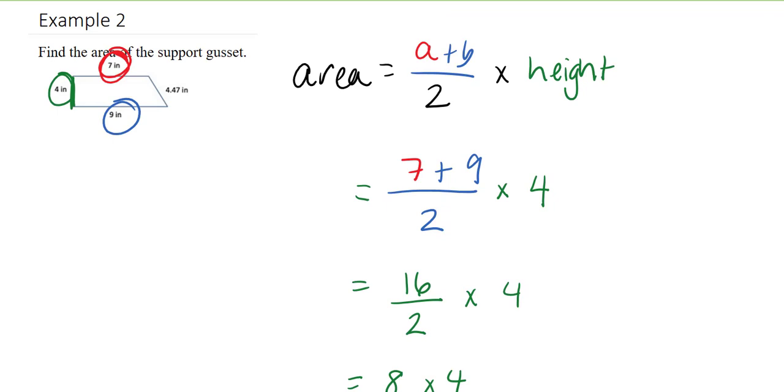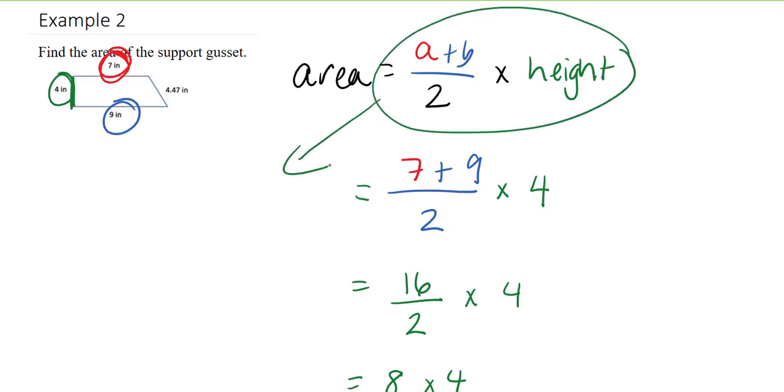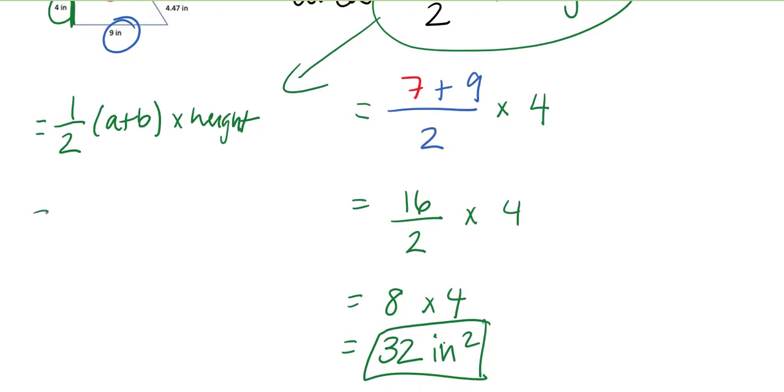Now notice you might actually see the formula looking like this. You might see it as 1/2 times A plus B in brackets times the height. This also tells you to do the exact same thing as we've done. So how we would do that is showing 1/2 times the quantity 7 plus 9, put that in parentheses, times 4.